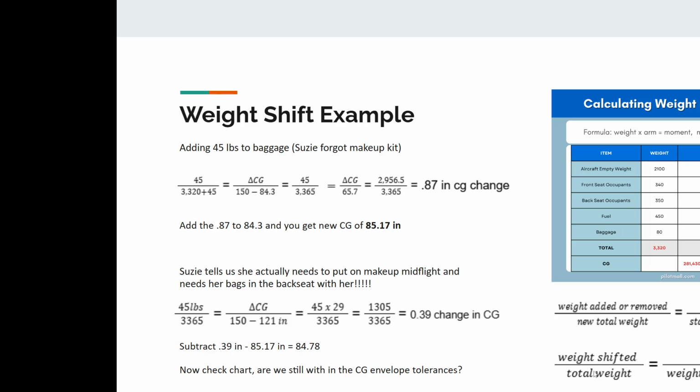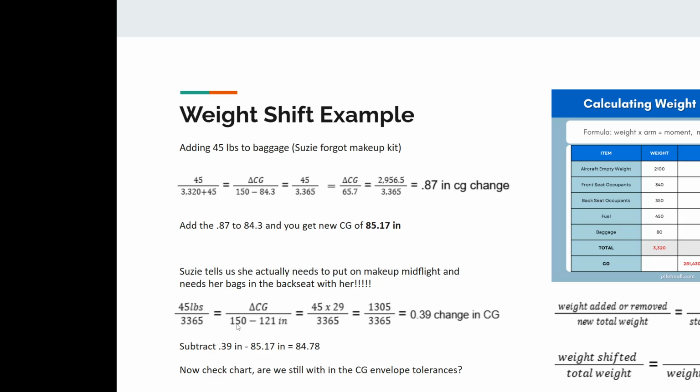Weight shifted over the total weight, and then the change in center of gravity over the weight shift distance. So it's very similar to the one we just previously did. So we come here, we put, again, 45 pounds of weight being shifted, because it's that makeup kit that weighs 45 pounds, over the total weight, which is, of course, the new total weight that we already calculated, 3,365.